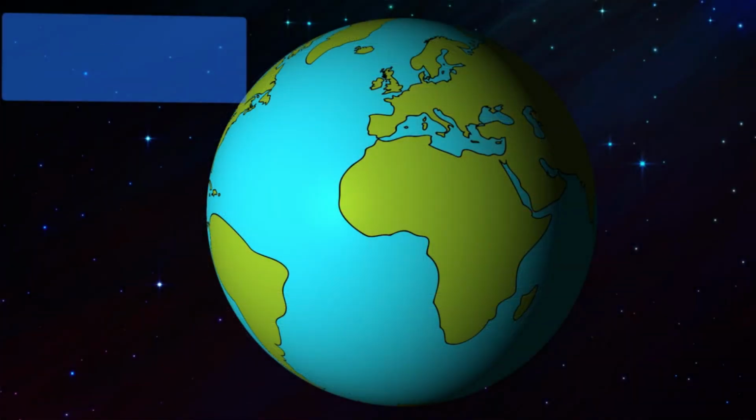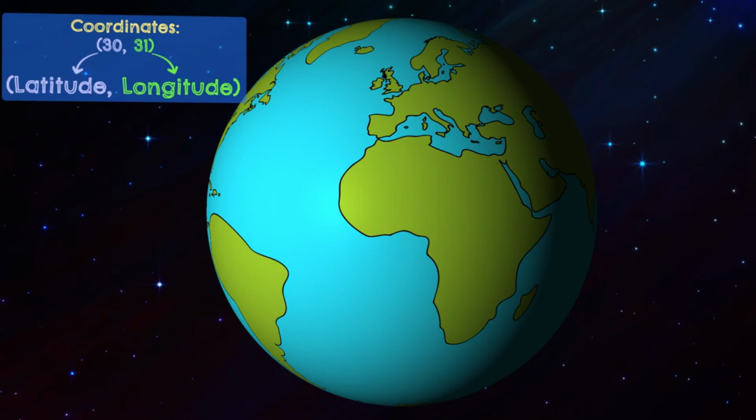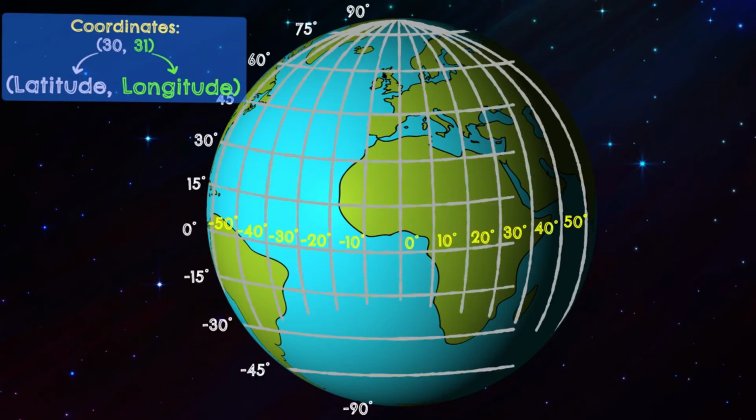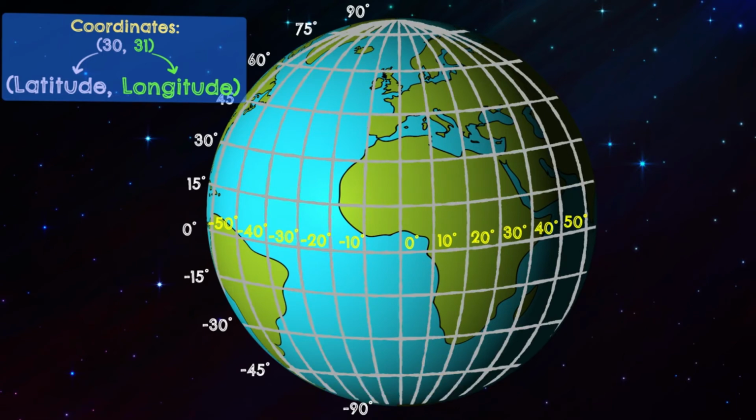There is another way coordinates are written without mentioning north and south or east and west. Here the coordinates are mentioned in terms of positive and negative values.